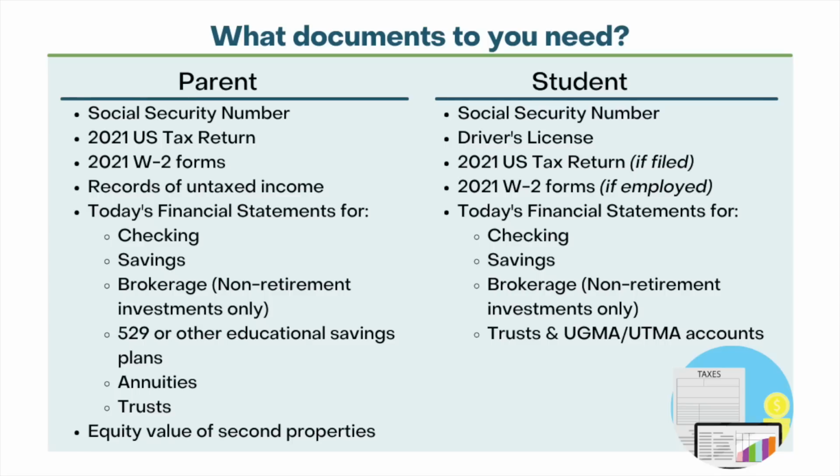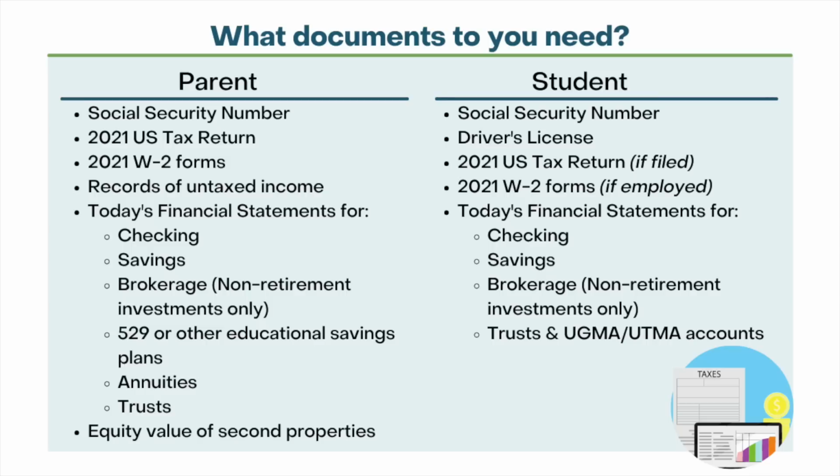In order to fill out the assets section, you're going to need today's financial statements from checking, savings, any brokerage accounts that are non-retirement investments, 529 or other educational savings plans, annuities, trusts, and if you own second properties, you'll have to have the equity value of those second properties.